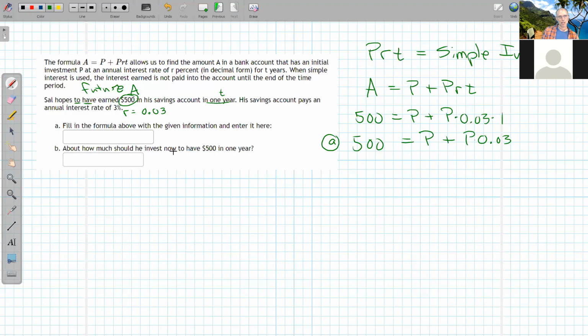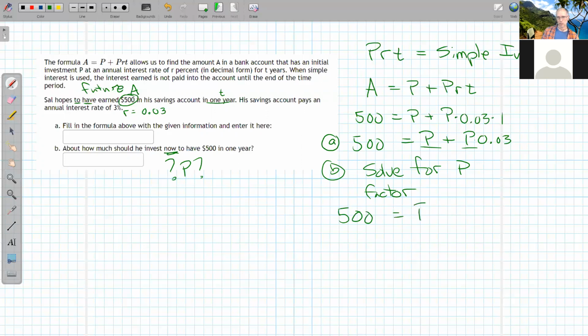Here, how much should he invest now? So that says, hey, what is P? So I have to solve for P here for part B. Problem is there's 2 different P's. And so in order to solve here, we have to do what's called factoring or combining like terms. So I can factor that P out.